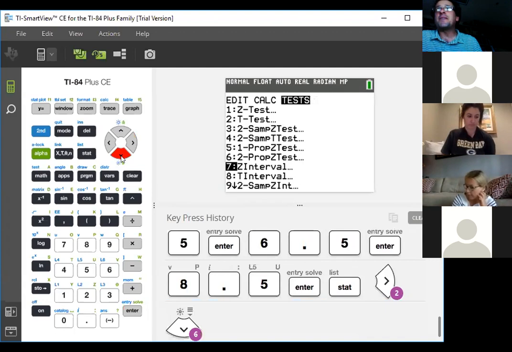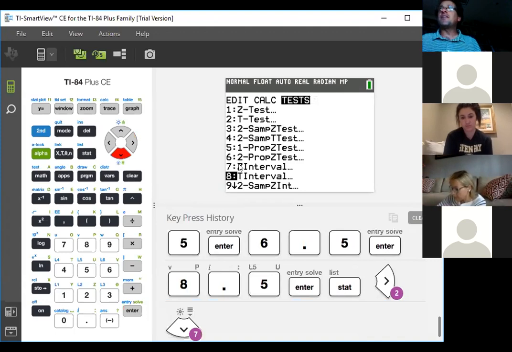He happened to be a mathematician, and he realized that the problem was that he was using the normal distribution and assuming the standard deviation was known, which it wasn't. So he came up with a new distribution. He was also a professor, and he named it after his students and called it the Student's T distribution. So we're going to use the T interval. Any questions on that?